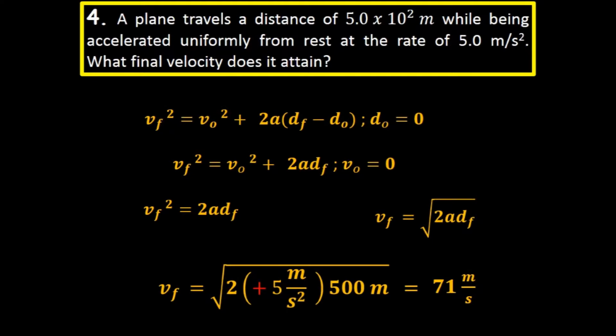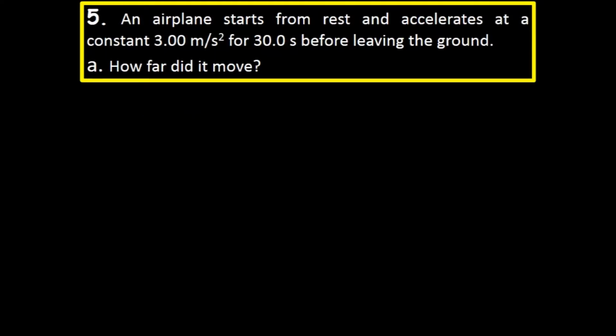Excellent. Now, let's do one more problem, and then we'll do something else. An airplane starts from rest and accelerates at a constant 3 meters per second squared for 30 seconds before leaving the ground. How far did it move? Now we're looking at distance and time. When you think of distance and time, what equation do you think of?